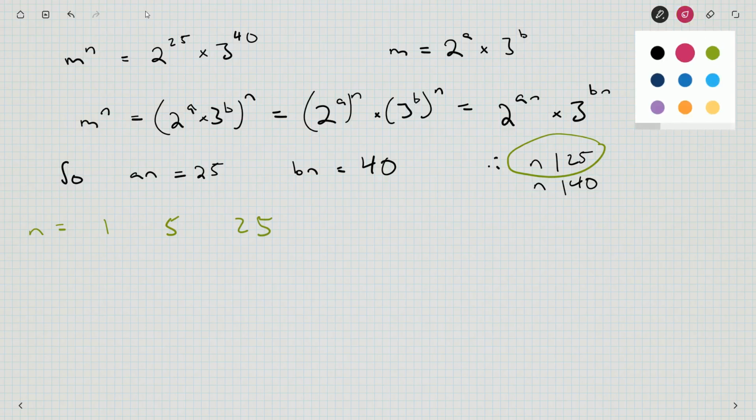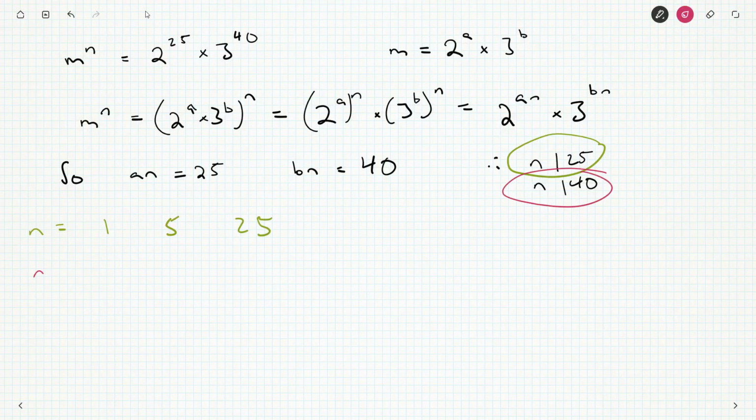So n is either 1, 5, or 25. And the other one tells us n is either 1, 2, 4, 5, 8, 10, 20, or 40.